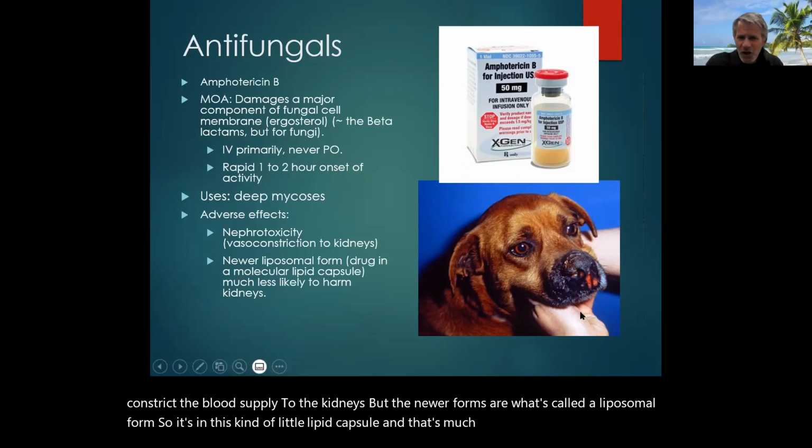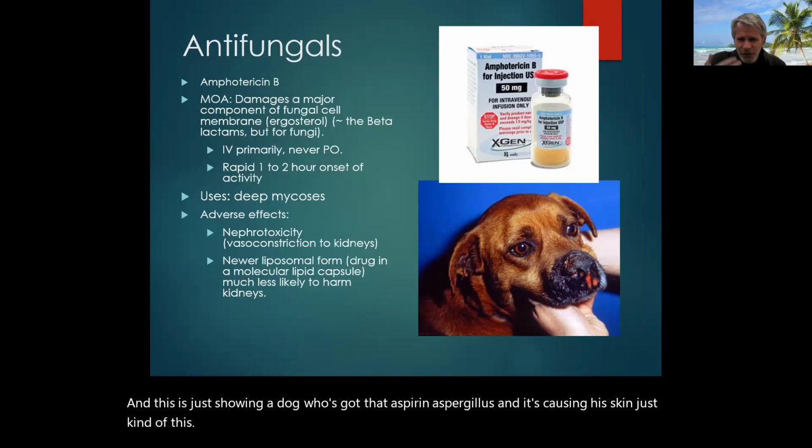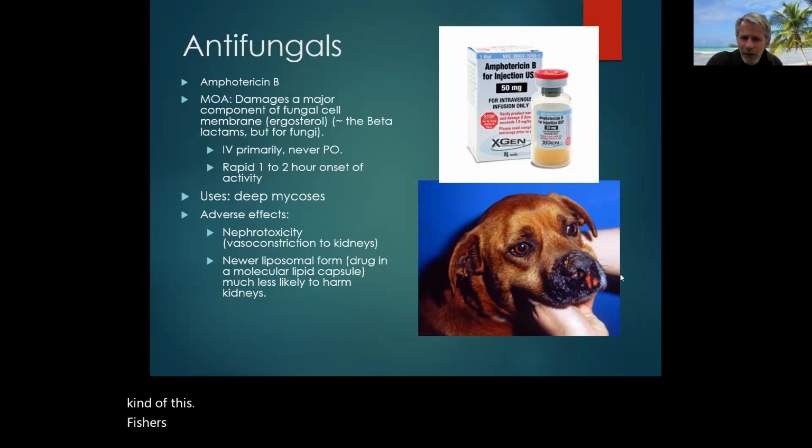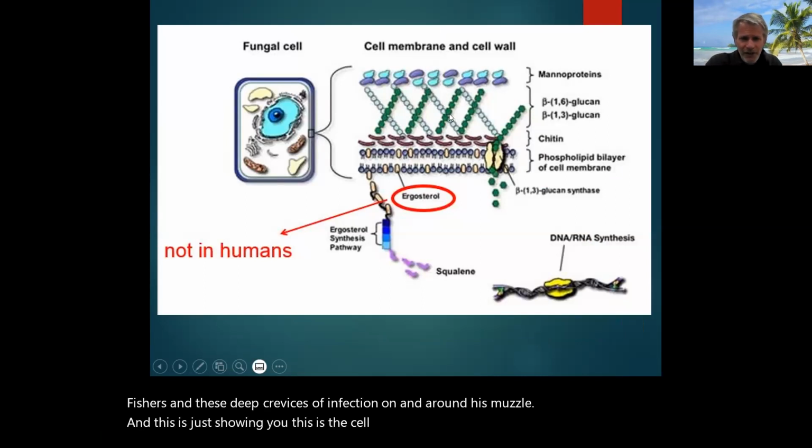And this is just showing a dog who's got aspergillus, and it's causing fissures and deep crevices of infection on and around his muzzle. And this is showing you the cell wall of a fungus. It has all these weird extra things.